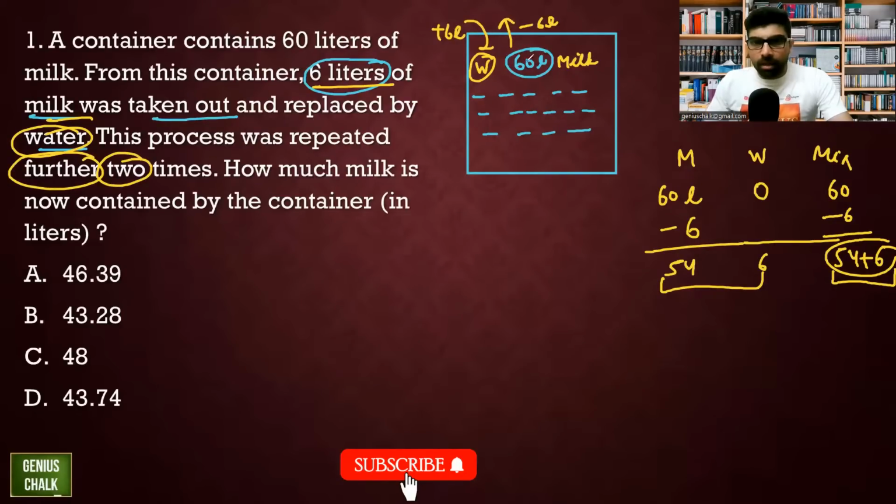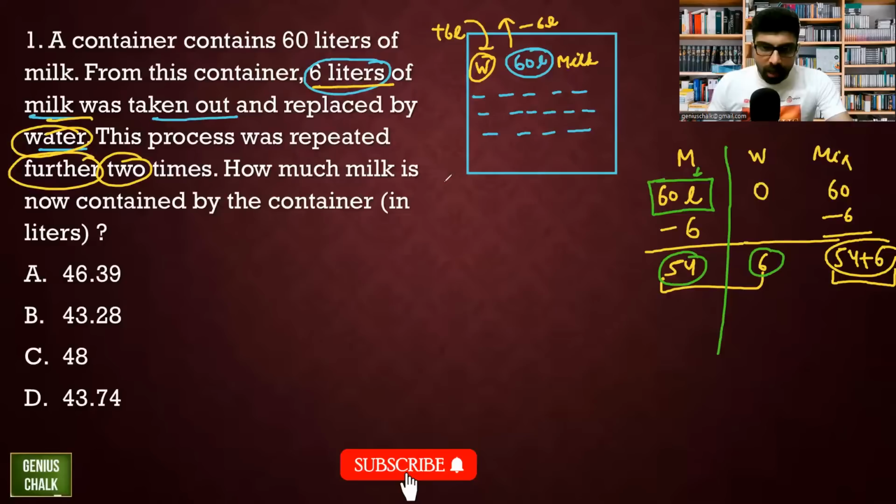Now the important thing we have to notice here is, now we are having 54 liters of milk, 6 liters of water. Now we have a mixture. Originally we only had pure milk. Now we are having a mixture. That means now whatever we draw will be taken out from the mixture.